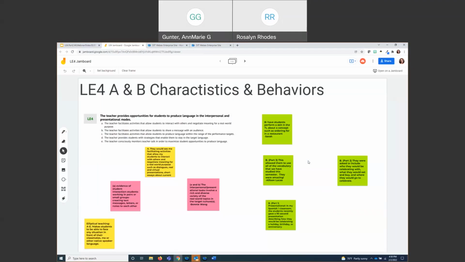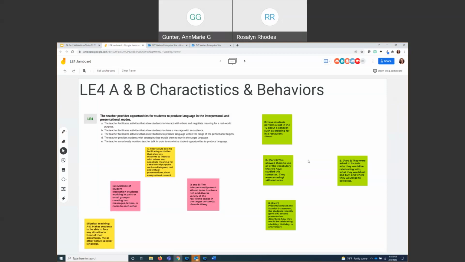And you notice here we've divided our Jamboard into the different subcriteria because we asked people last time to identify a subcriteria they want to talk about and to answer the question, what do teachers and students do in the classroom in order to demonstrate this LE4? So you can see they put different things.